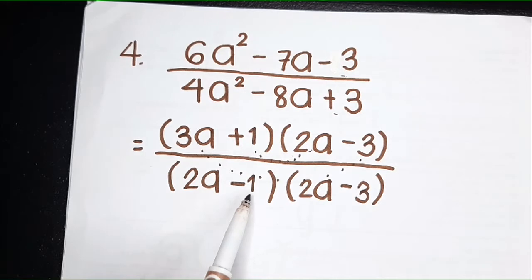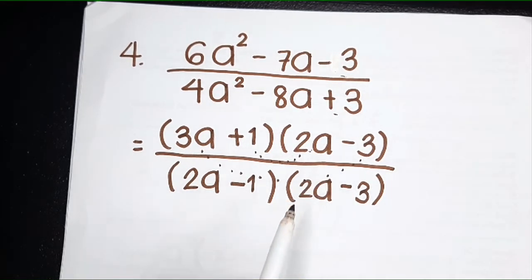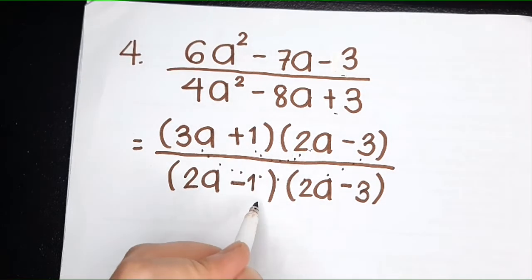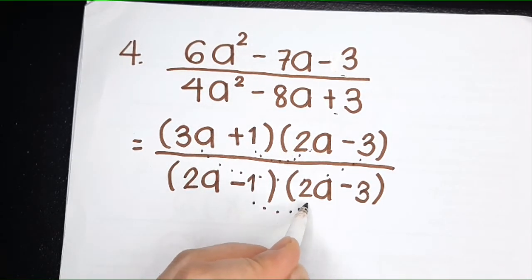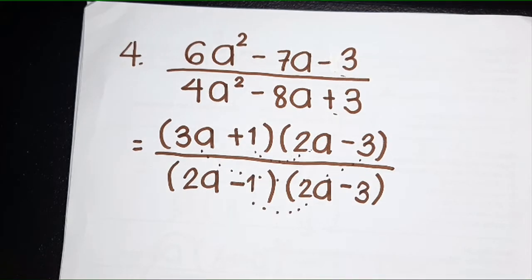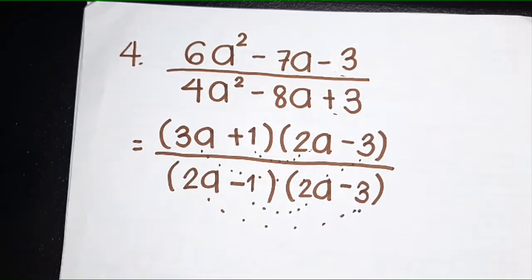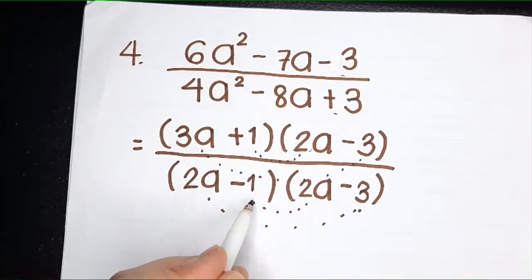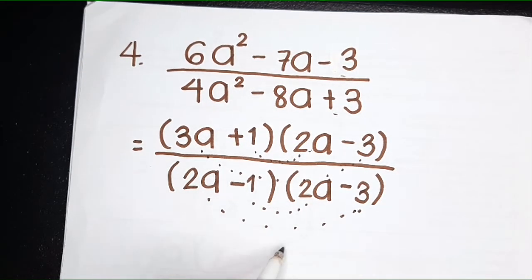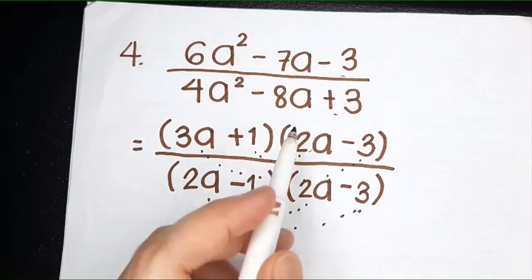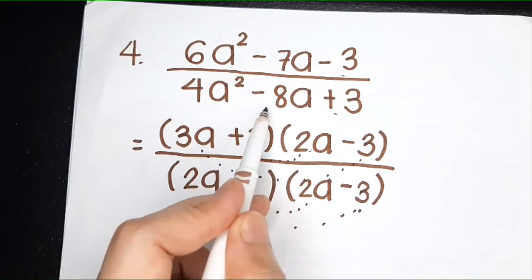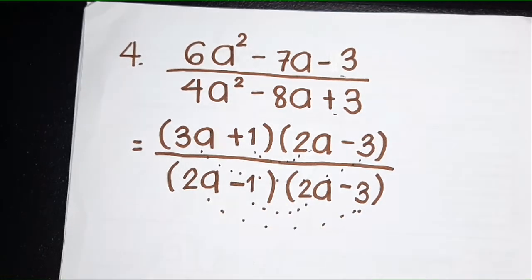So, negative 1 times negative 3, that's positive 3. Oh, you check the two smiling curves again here. That's negative 2a when you multiply, right? Here, you'll get negative 6a. This is negative 2a. This is negative 6a. When you add, you will get negative 8a. So, ito talaga ang factors niya.